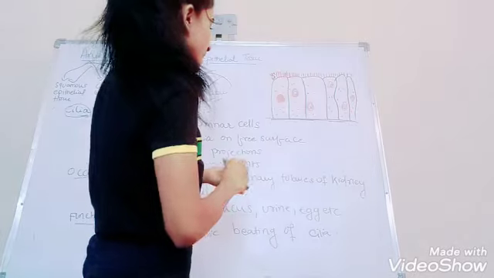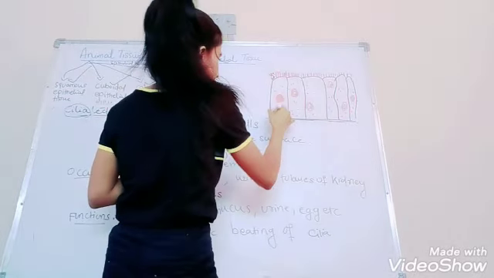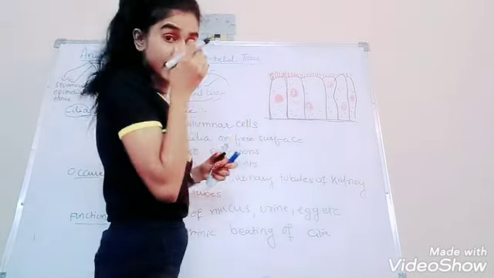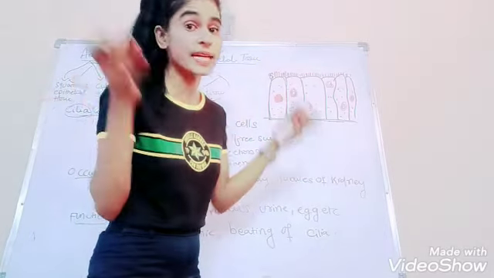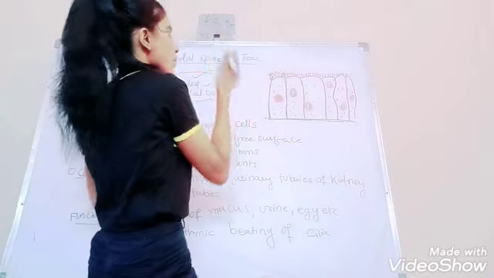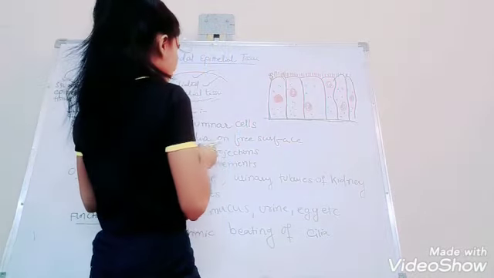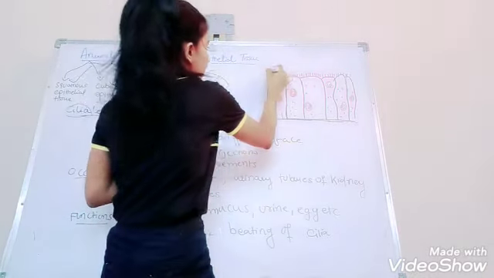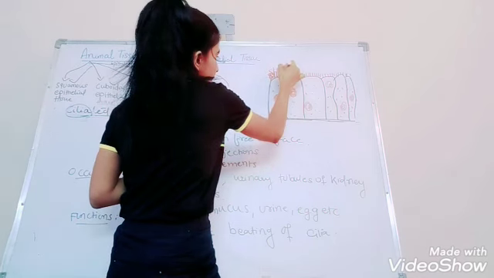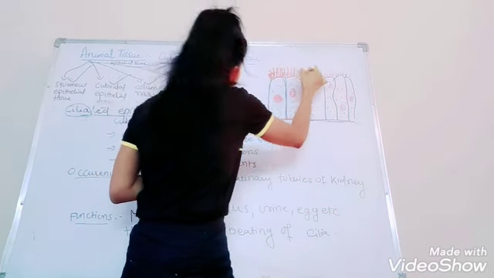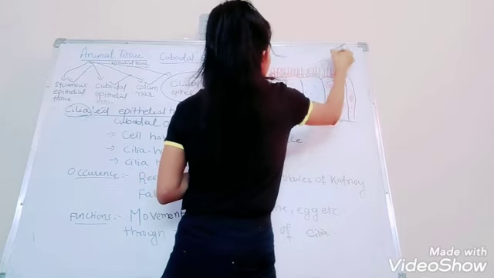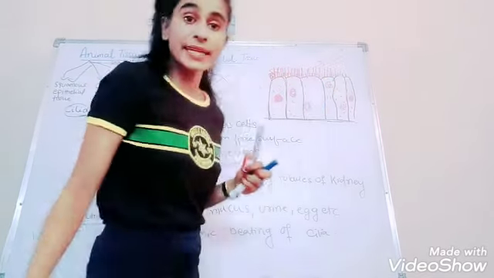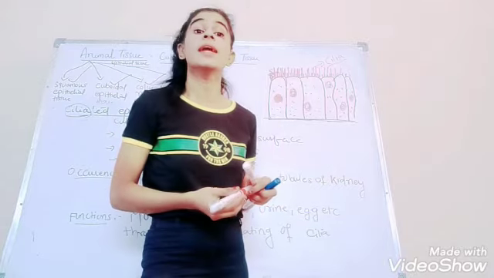So you can see the diagram over here. Yes, it is column-shaped cells. Inside it, you can see the red color structure, that is nothing but a nucleus. It has a well-defined nucleus and cytoplasm. The most important thing is that they have cilia, the hair-like projection. You can see this hair-like projection; that is your cilia.